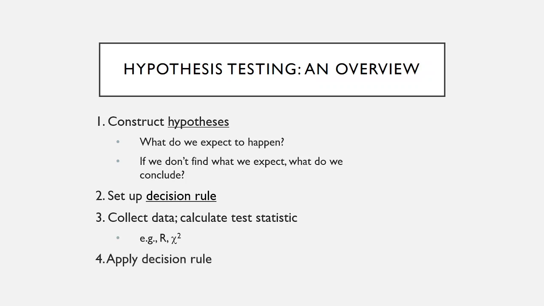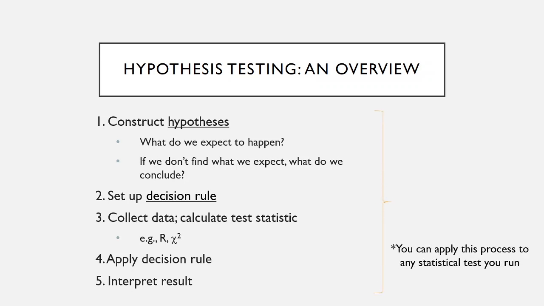Then, once you actually run your analyses, you have to apply the decision rule and interpret. Essentially, you ask yourself whether or not your prediction was borne out by the data analysis and whether or not you cleared the decision rule that you set for yourself in step 2. And then at that point, you can interpret what it is you actually found and what your analysis basically tells you. And again, this basic process undergirds all of the subsequent statistical tests we're going to do.